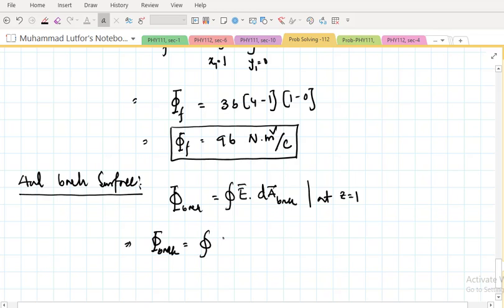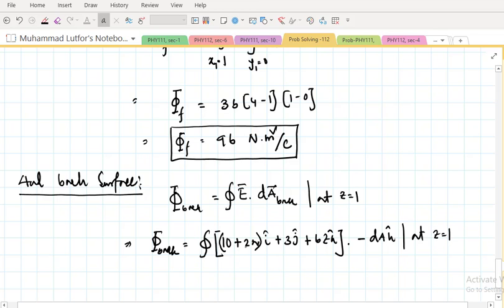the integral of (10 + 2x) i hat + 3 j hat + bz k hat. This is my electric field, variable electric field, dot minus dA k hat, right? Because the back surface is towards the negative z axis. Fine.